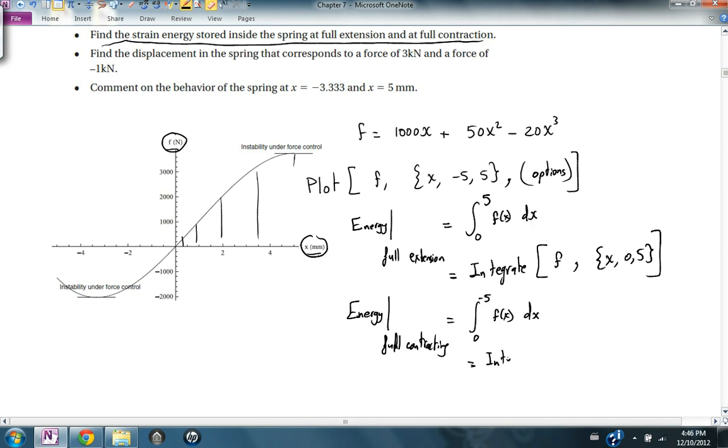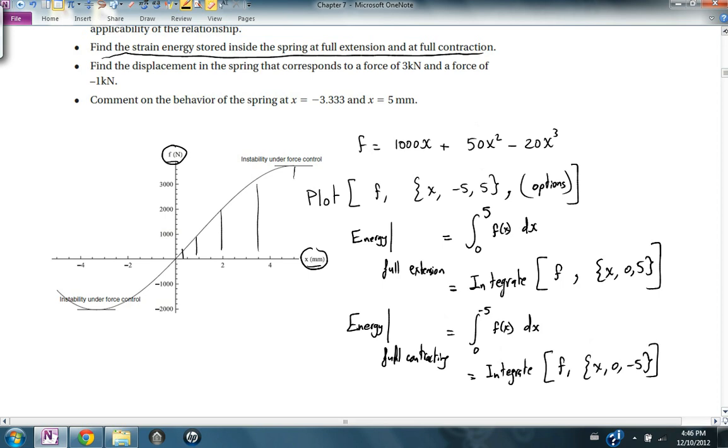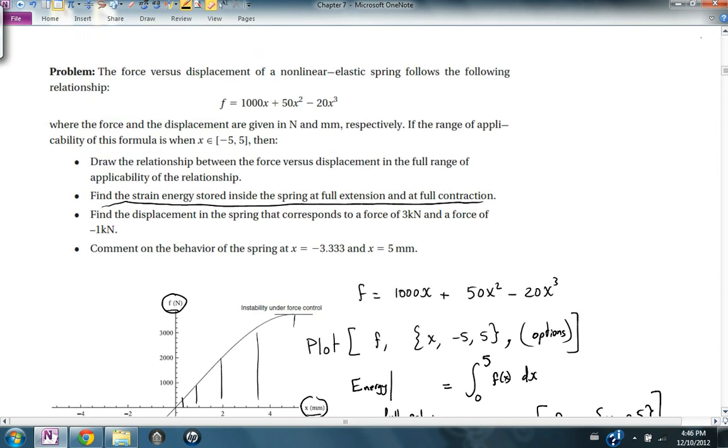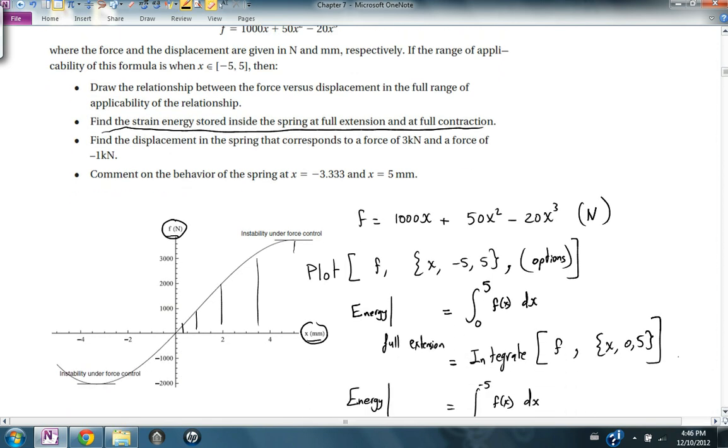Integrate f, x from 0 to -5. Now notice the units. The force is given in Newton, so the energy is in Newton millimeter.